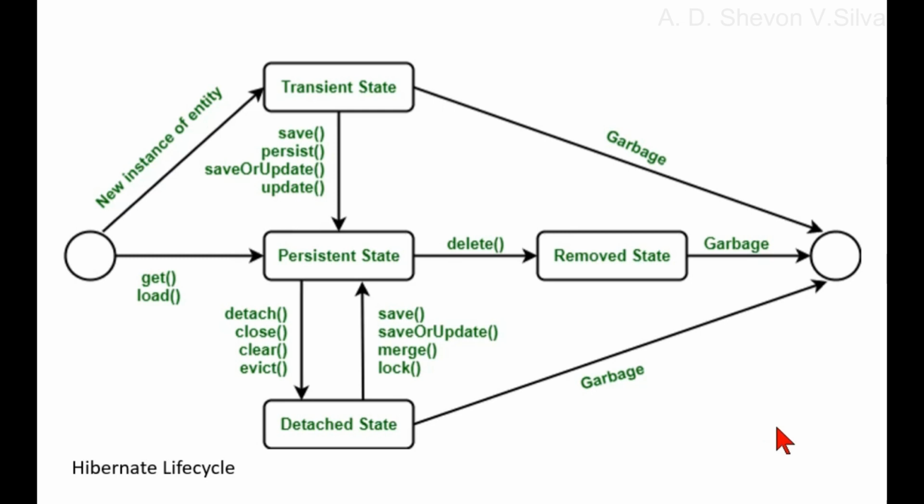In Hibernate, we can either create a new object of an entity and store it into the database, or we can fetch the existing data of an entity from the database. This entity is connected with the lifecycle, and each object of the entity passes through the various stages of the lifecycle.